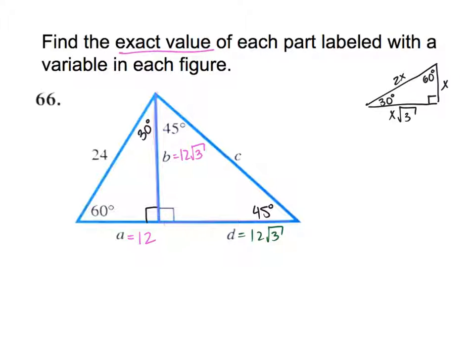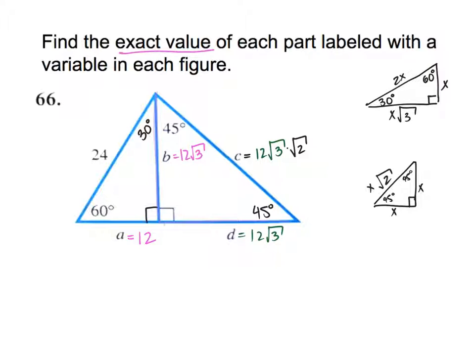Well, that's not a very good 45. So 45s basically have the same side lengths, but then the hypotenuse is x square root of 2. So if x here is this side, which is 12 square root of 3, then our c here is 12 square root of 3 plugging this all in for x, but then I have to also multiply by the square root of 2.